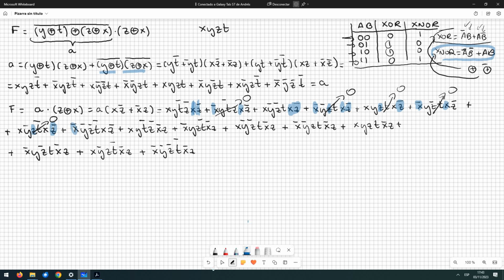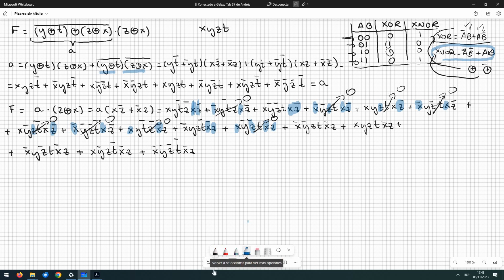The X and the X negated, 0. The X and the X negated, 0. By the idempotent law, we can get rid of the X negated and the C here. Here we have the X and the X negated and the C negated and the C, so it's going to be 0. Sorry.